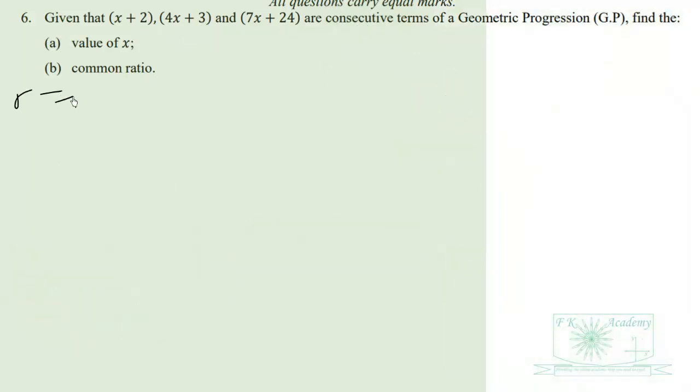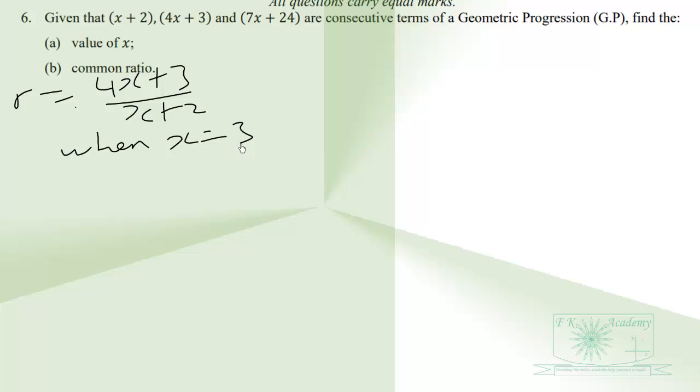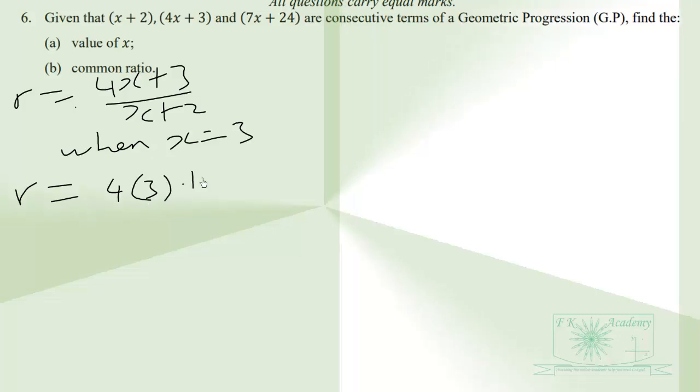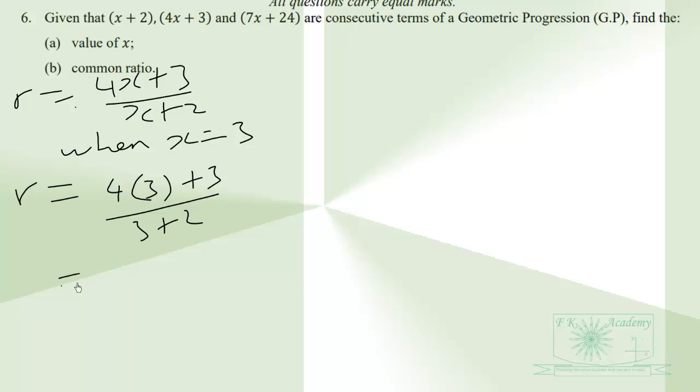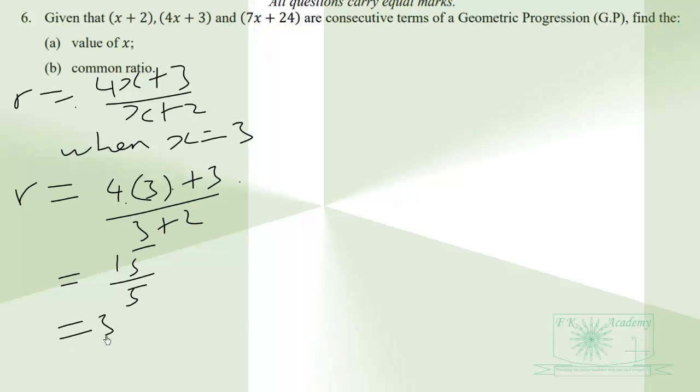R equals 4x plus 3 over x plus 2. When x is equal to 3, the common ratio will be equal to 4 times 3 plus 3 over 3 plus 2. That will give us 12 plus 3, 15, over 5. And that will give us 3.